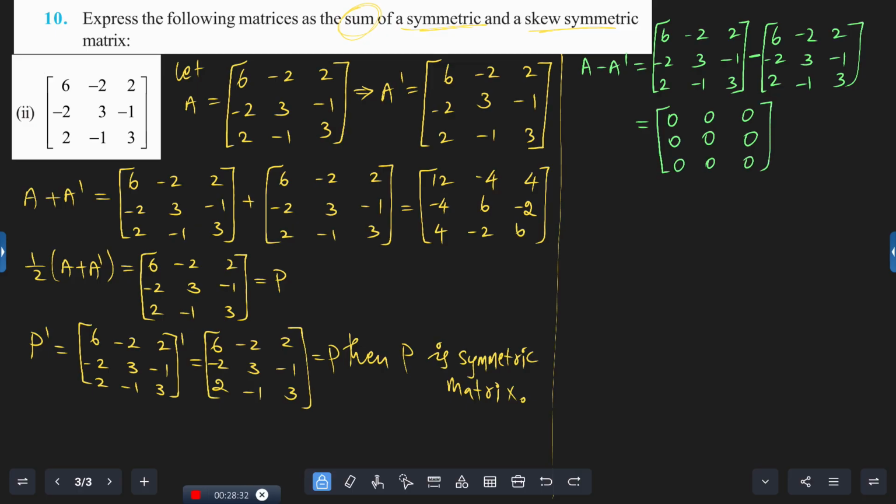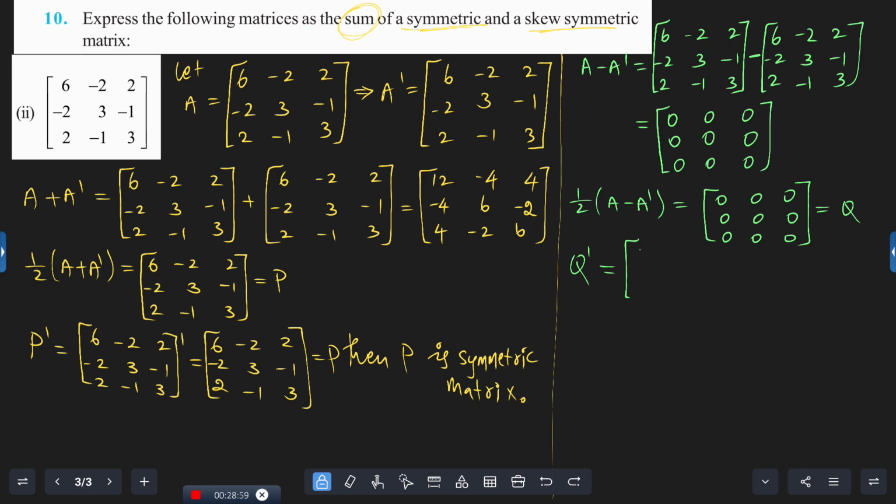0 matrix. Okay, if you multiply by 1 by 2, A minus A dash, what will I be getting? Again 0 matrix only. So no change in it. Okay. So 0 matrix also we can say is a skew matrix. Means if you multiply by something, you will be getting the same. Which I am taking as Q. So if you take Q transpose, what am I getting? 0 matrix.